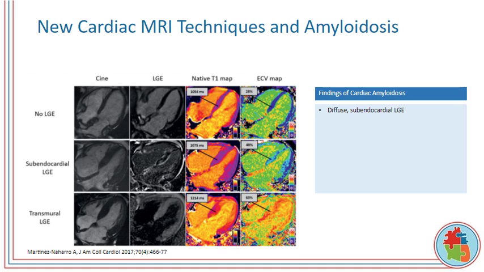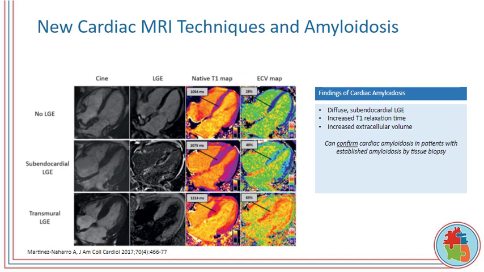More recently, elevated T1 relaxation times, as well as increased extracellular volumes, have emerged as additional techniques that have excellent diagnostic utility in select patient populations. Clinically, cardiac MRI is useful to confirm cardiac amyloidosis in patients with established amyloidosis by tissue biopsy of another organ. Current cardiac MRI techniques are not able to distinguish between different subtypes of cardiac amyloidosis.